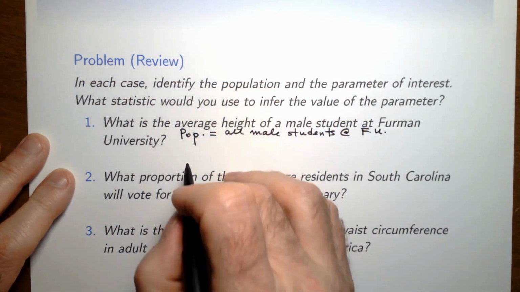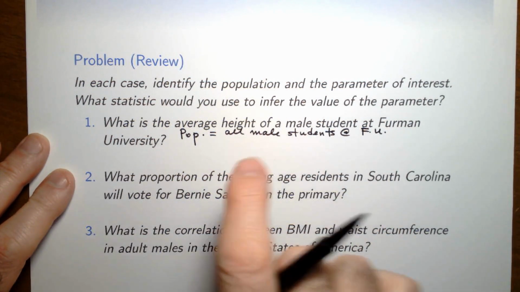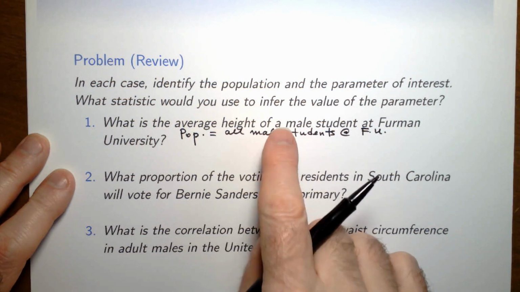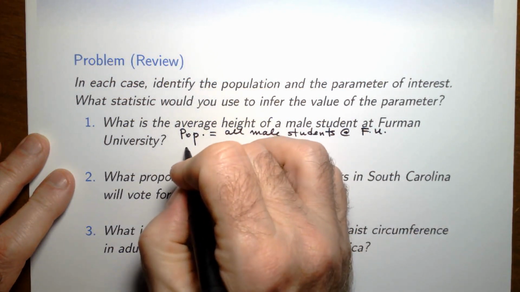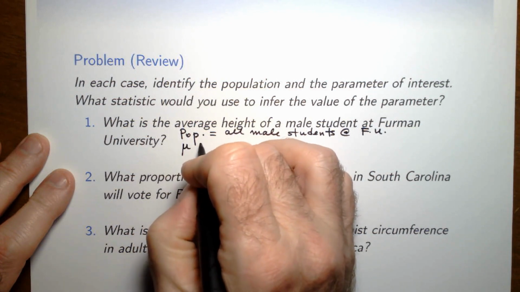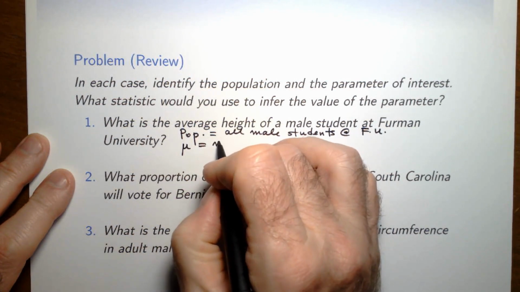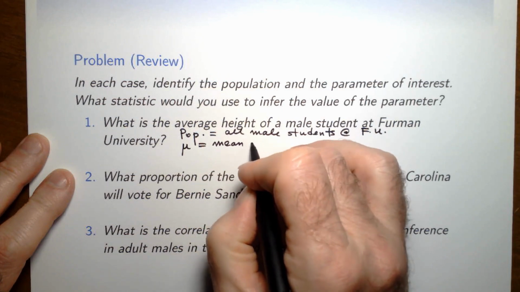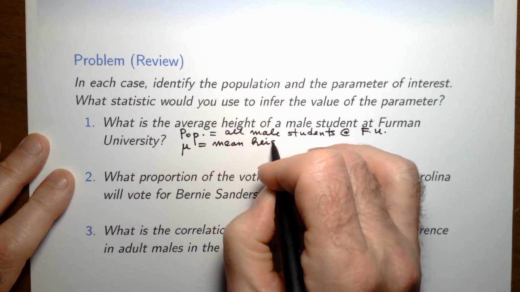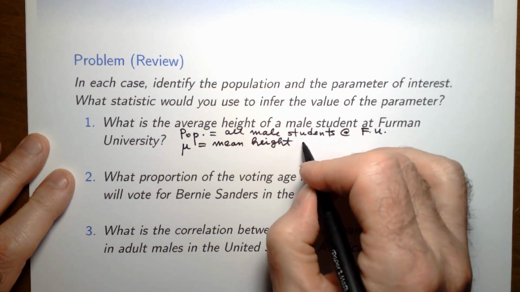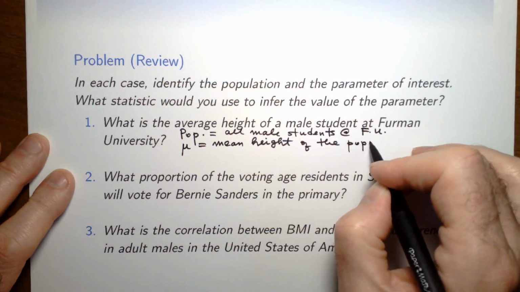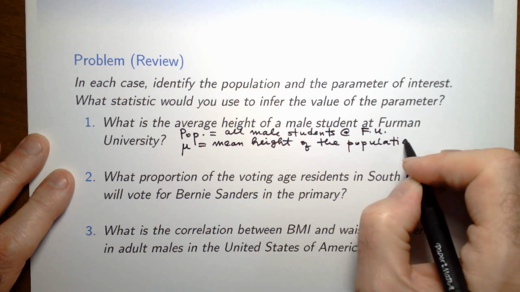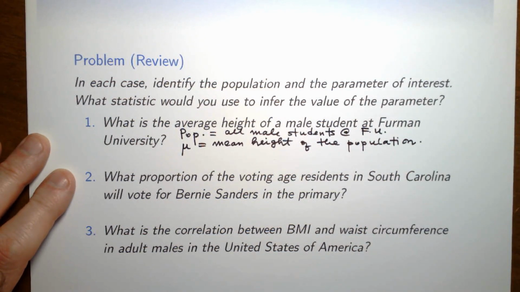All right. The parameter of interest to us, though, is the average height. So since it's an average height, we'll call that a mu, a mean. We'll say that this is the mean height of the population. Okay?